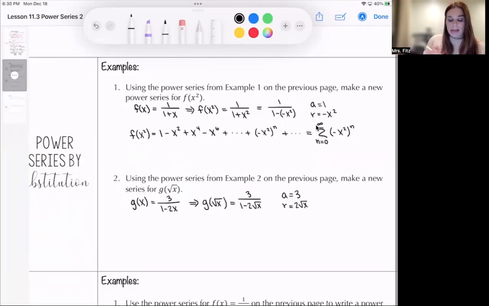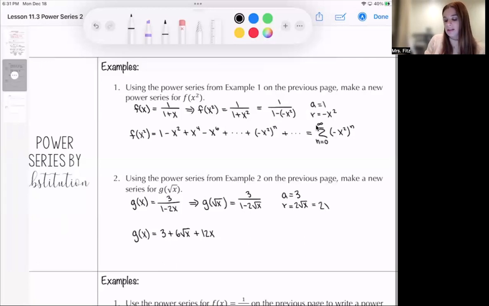And so when we make that power series, g of x would equal 3 plus, we're going to multiply by 2 root x, so 6 root x, plus, we're going to multiply by 2 root x again to get 12x, let's do this in fractional exponents because I think it'll be easier.